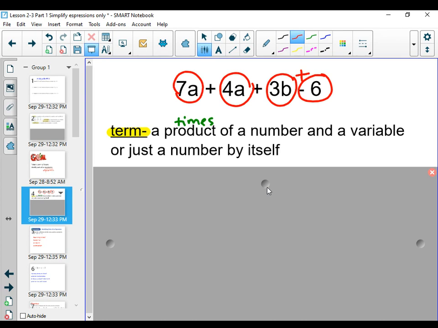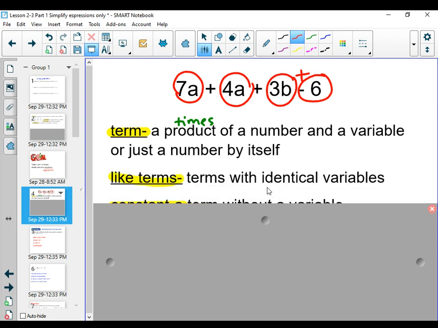Now, terms can be more specific if they are a like term. A like term is a term with identical variables. So if you have one term with an m and one term with an x, those would be not like terms because they don't have the same variable.